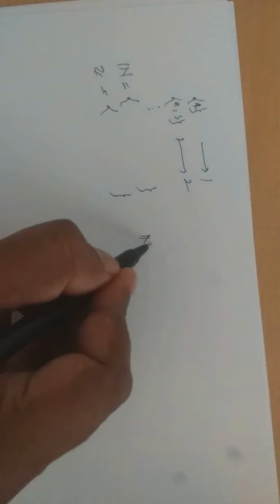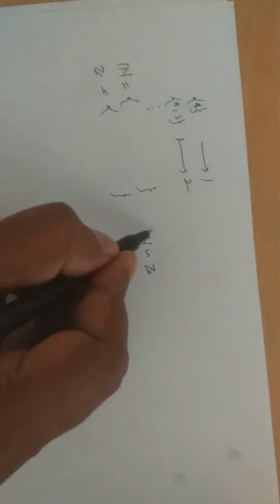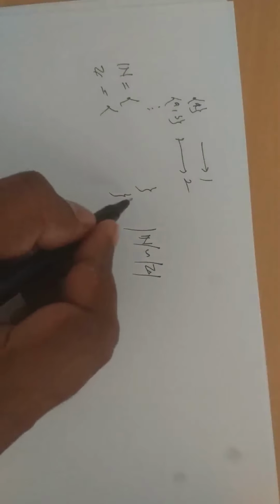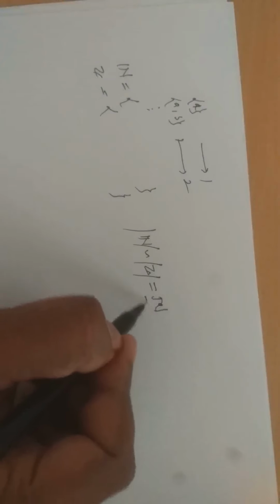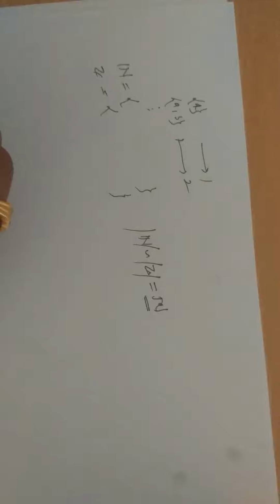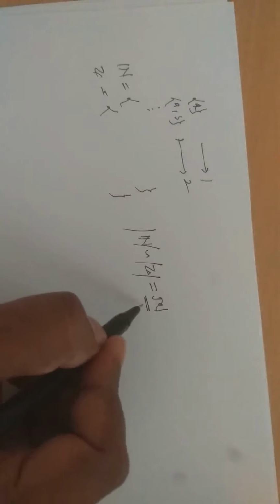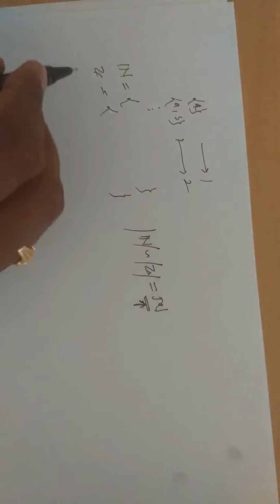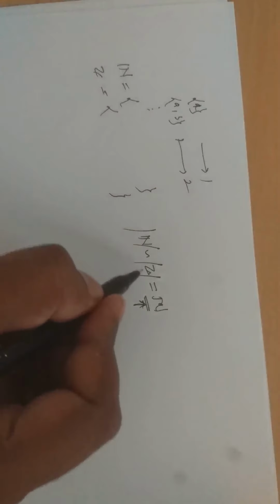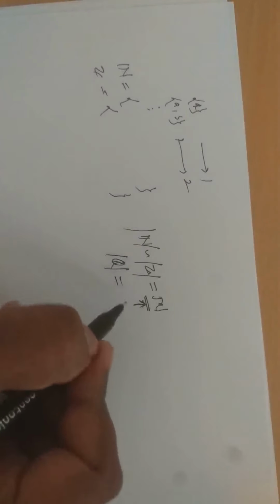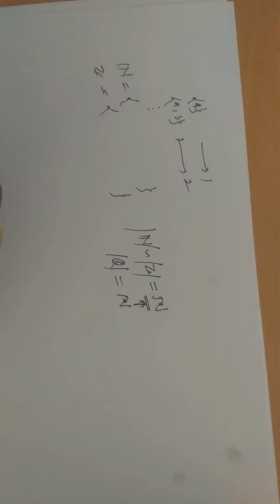As we know, N is equivalent to Z. That means the cardinality of N equals the cardinality of Z, and we denote this cardinality as Aleph naught. So the cardinality of N, Z and Q is Aleph naught. Then what is the cardinality of the reals? What is the cardinality of the irrationals?